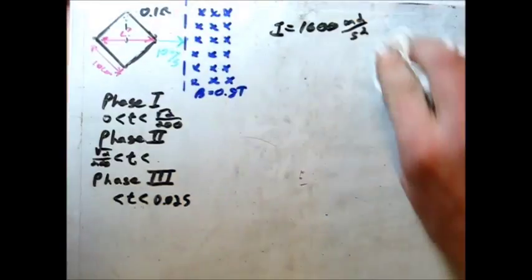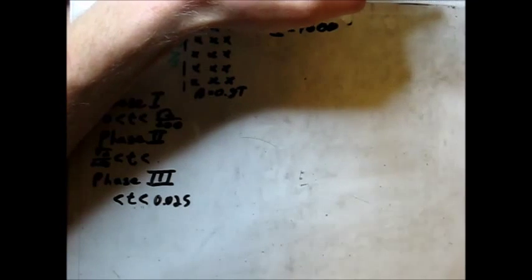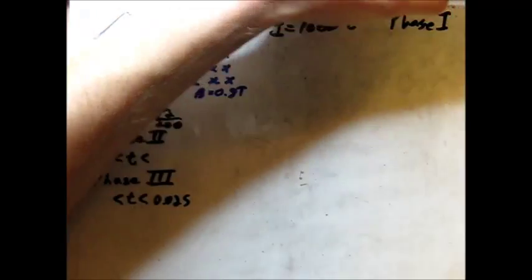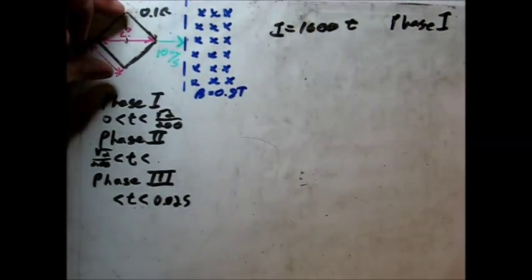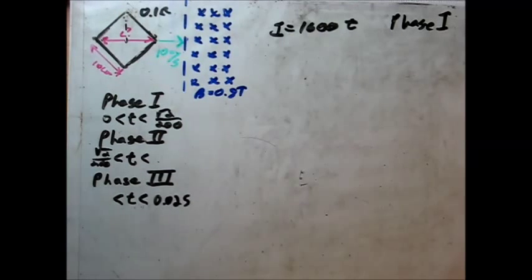Let's see, I believe there was a B field over. Let's just get rid of it. You don't need to worry about units anymore. So 1600 times t was phase 1. Now in phase 2, the change in area decreases exactly inversely of how it increased in the first one.